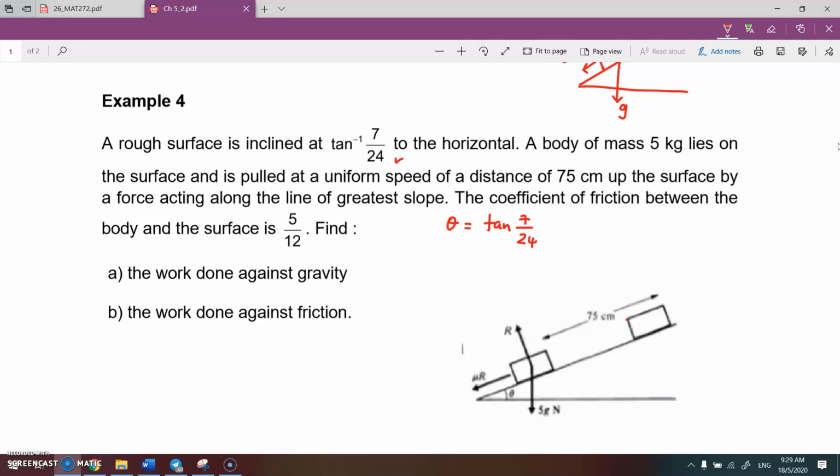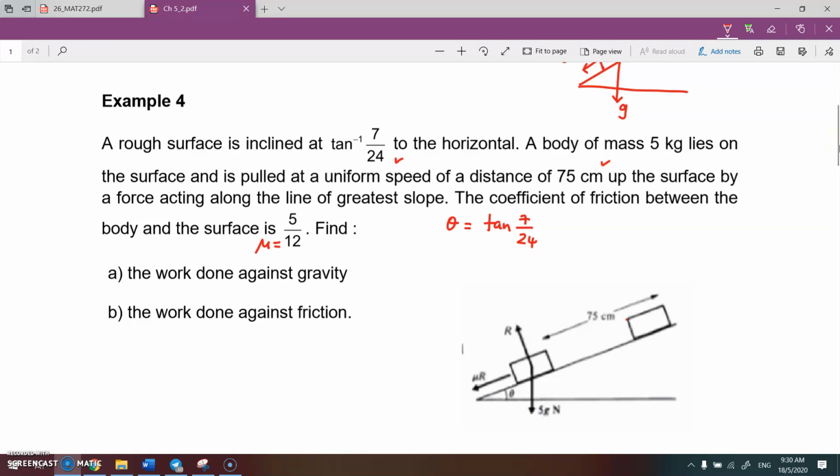A body of mass 5 kg lies on the surface and is pulled at a uniform speed a distance of 75 cm up the surface by a force acting along the line of greatest slope. The coefficient of friction between the surface is 5/12. Find the work done against gravity and also the work done against friction.